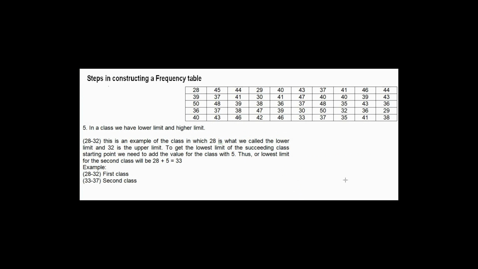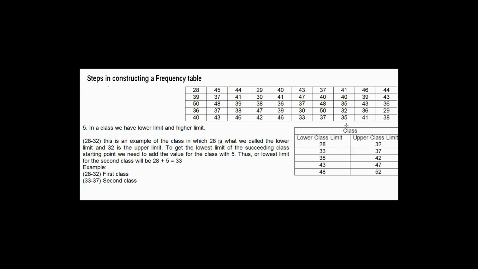Next is step 5. In a class, we have a lower limit and an upper limit. 28 is our starting point, which is the lower limit. This is an example of a class in which 28 is the lower limit and 32 is the upper limit.